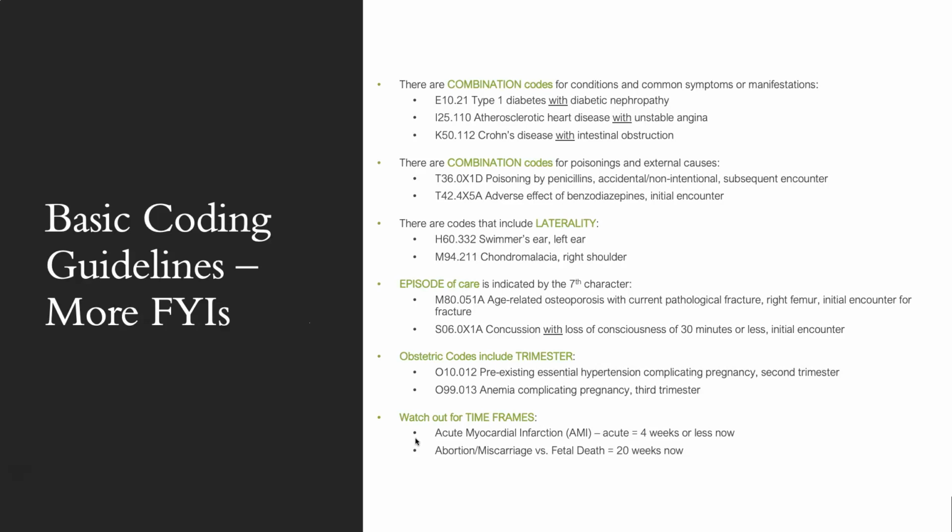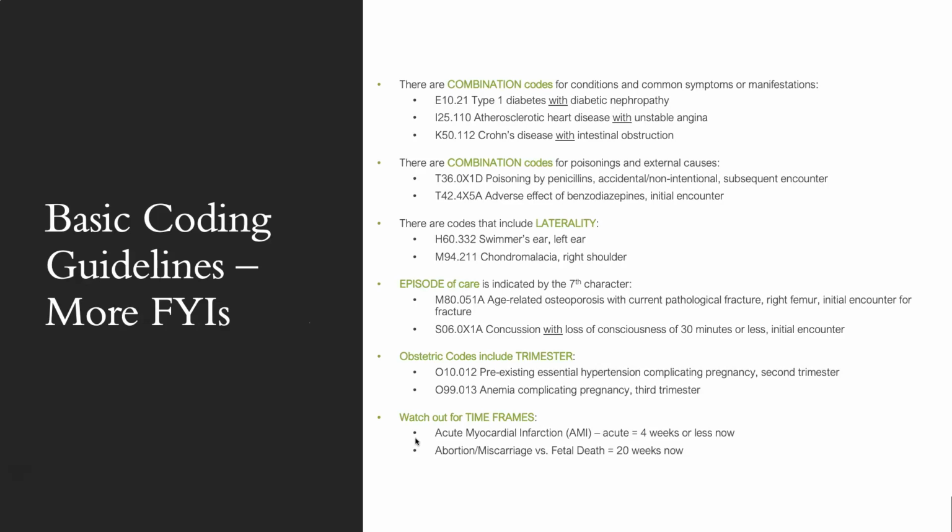Watch out for time frames. ICD-10-CM has different time frames. An example is acute myocardial infarction, heart attack, AMI. It's in the acute phase for 4 weeks or less now. A long time ago, it used to be 8 weeks. Now you're only considered to have an acute myocardial infarction for the first 4 weeks.